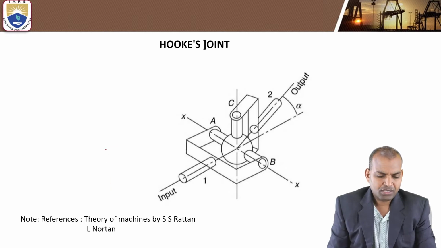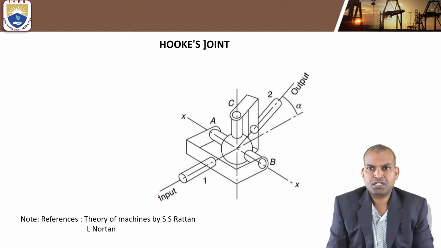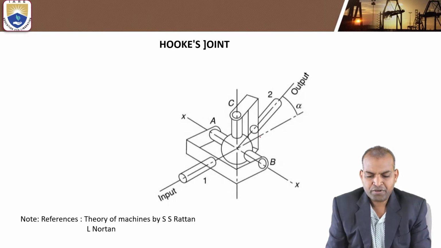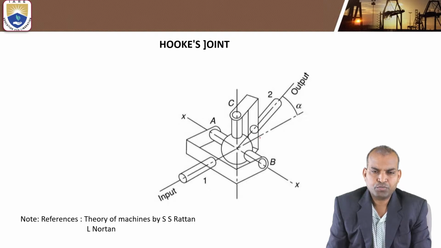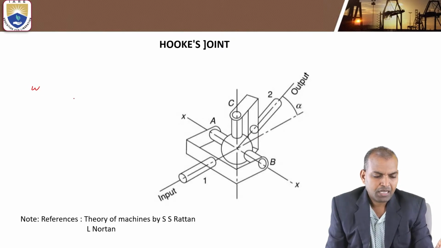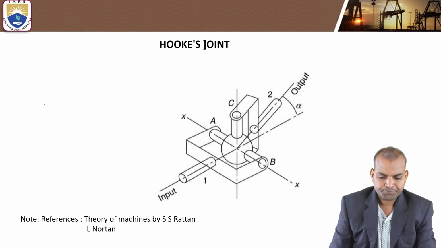Suppose the angular velocity of the input shaft is entirely different from the angular velocity of the output shaft. So there is a variable angular velocity from input to output.